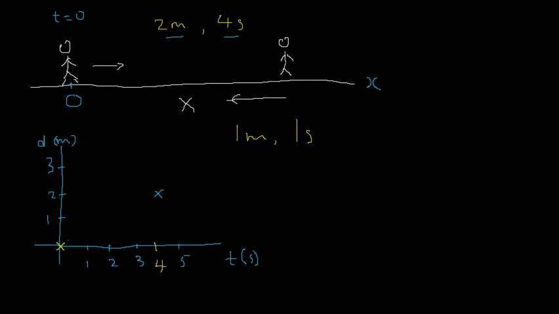Now after another 1 second, when he walked backwards, he walked 1 meter. So after 1 second would be 5 seconds. So t equals 5, and he would have walked another meter. And that point would be about there.